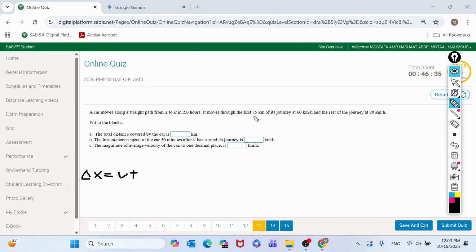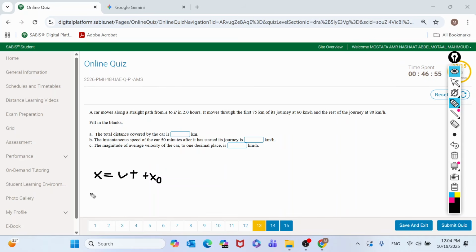Okay, so V times T. By the way, guys, this delta x equals Vt is the same as Vt plus x0. Because if you just move this to the other side, this is x final and this is x initial. It's going to be x final minus x initial. Okay, so x equals Vt plus x0.